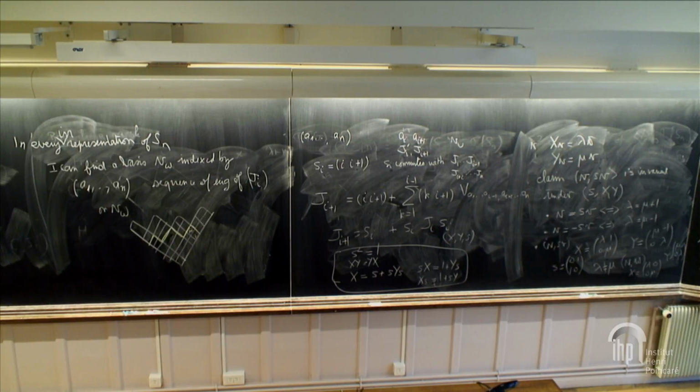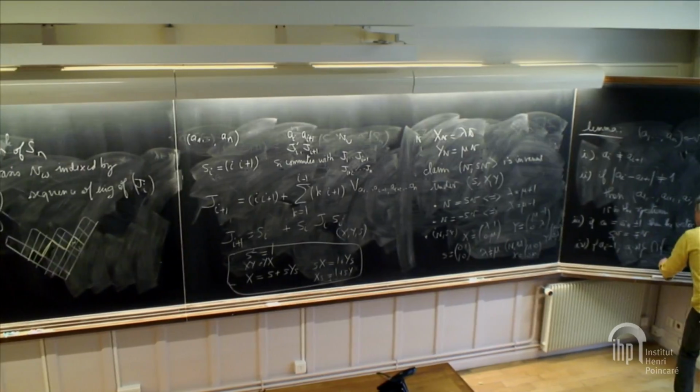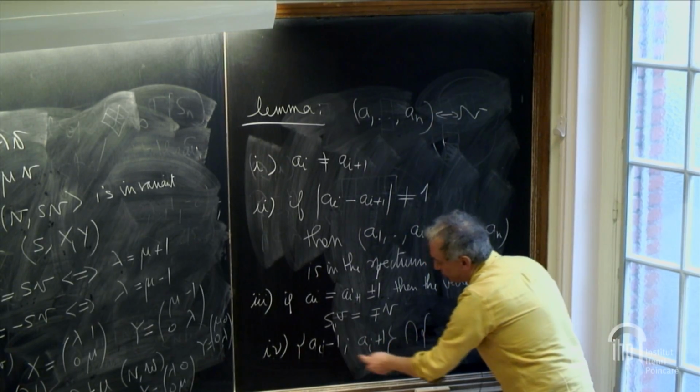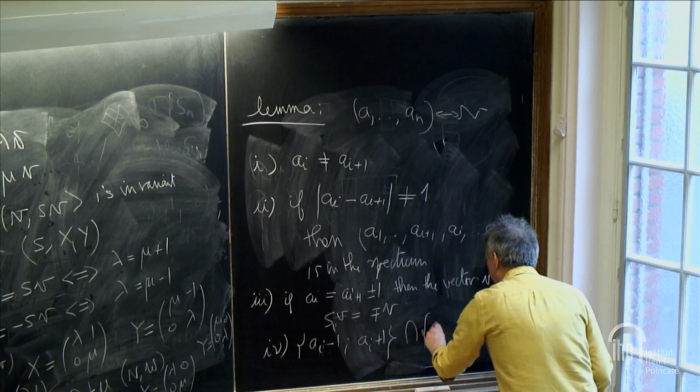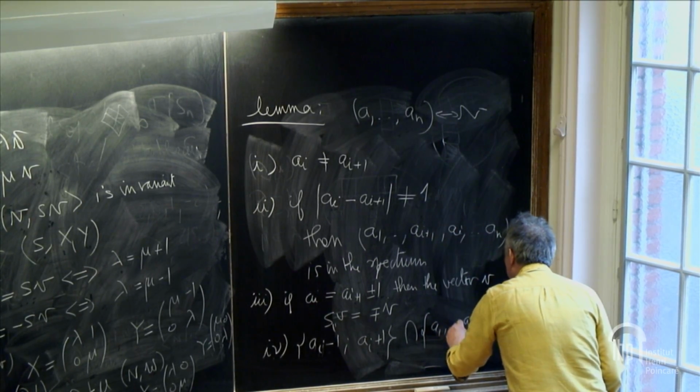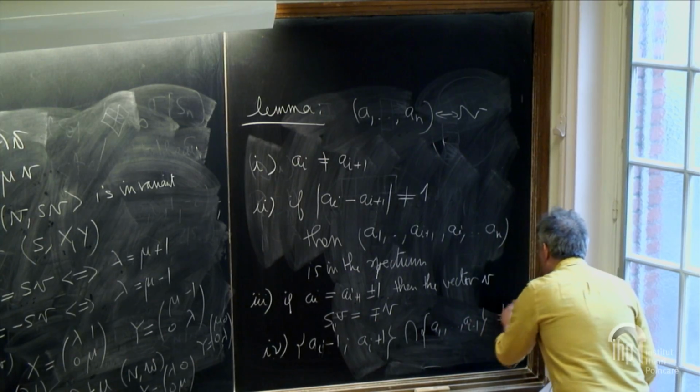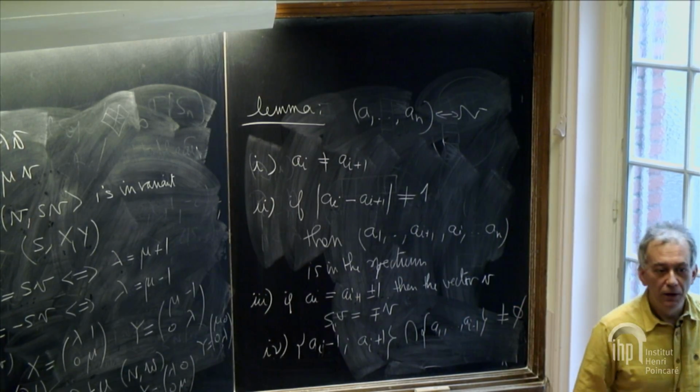The fourth statement is that, say a_i minus 1, a_i plus 1. If I look at this, if a_i occurs in my list, either a_i minus 1 or a_i plus 1 has occurred before in my list. Okay?